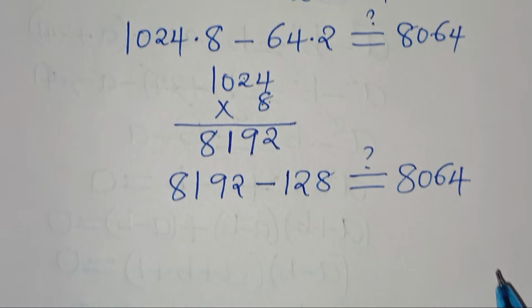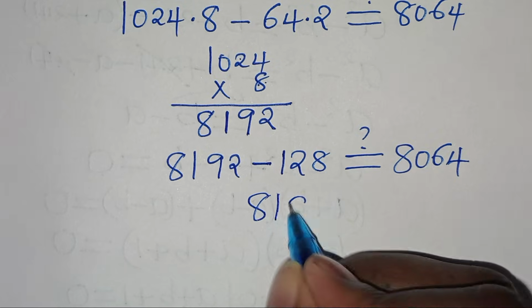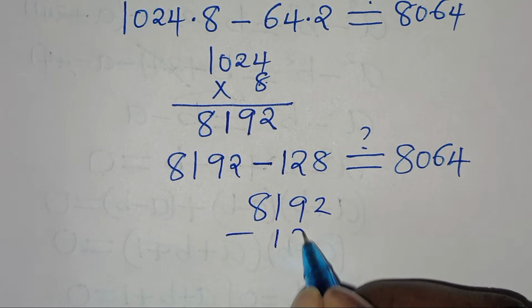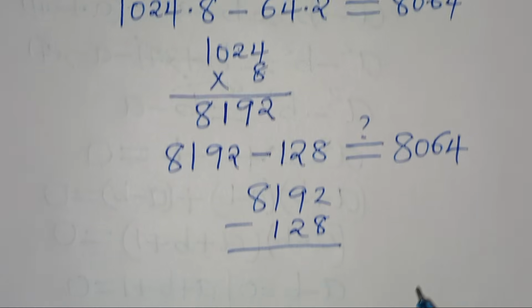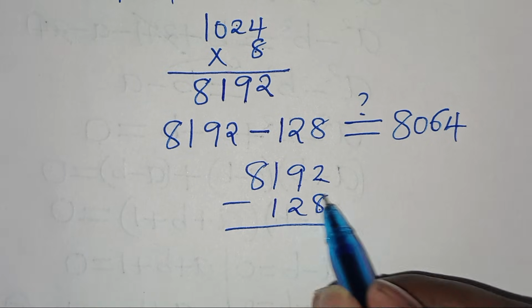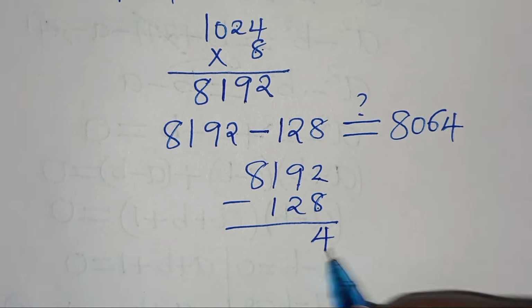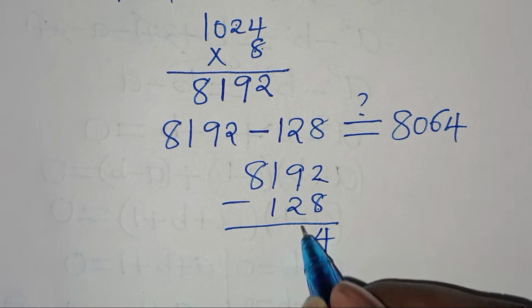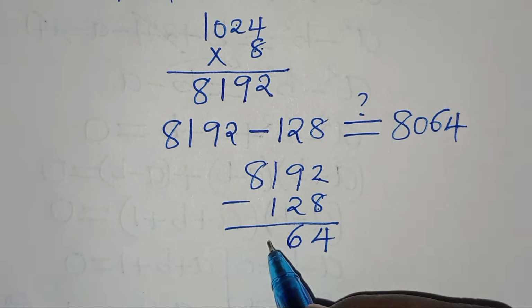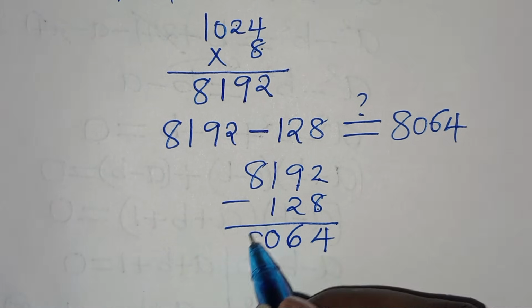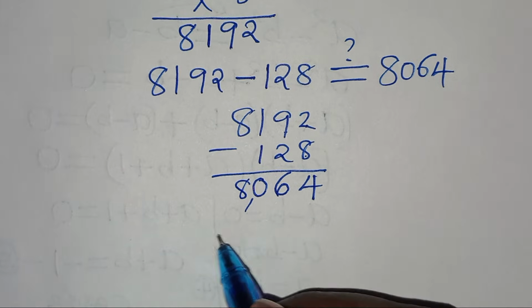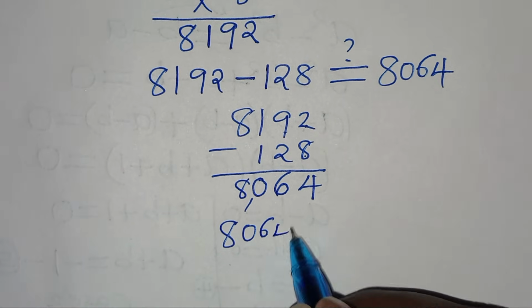So we have 8192 subtract 128. So this is 12 minus 4, minus 8, this is 4. Then 8 minus 2, this is 6. 1 minus 1, this is 0. Then we have 8. So we have 8064 on the left hand side.